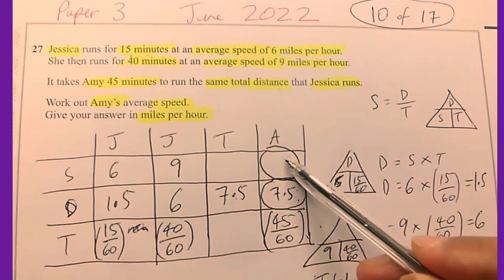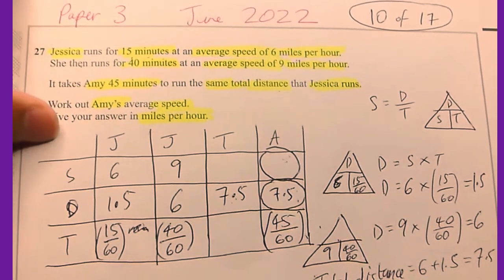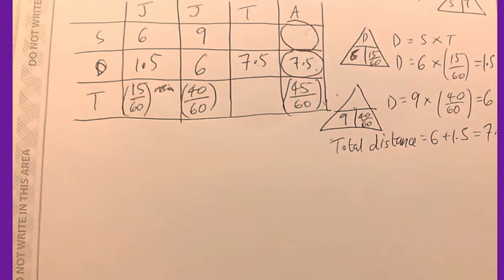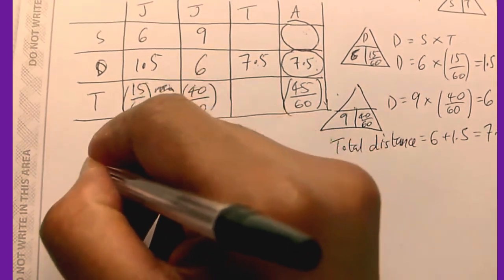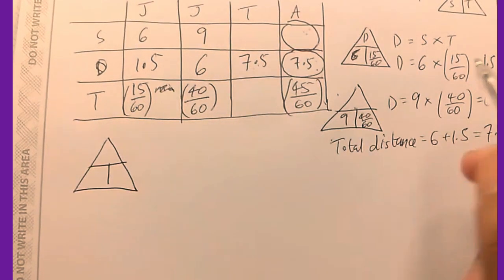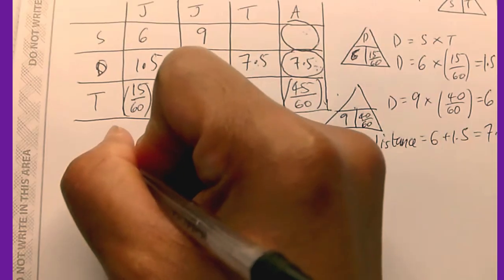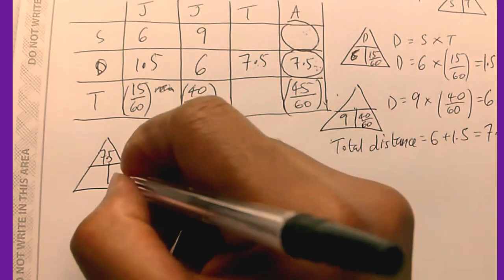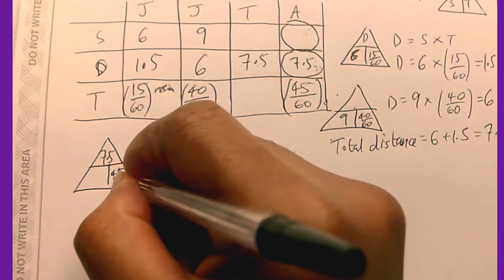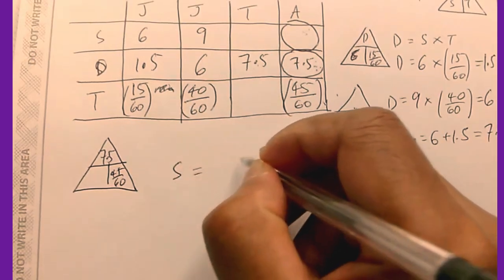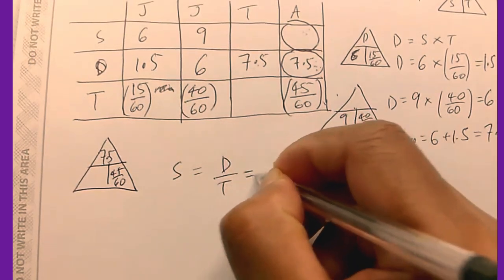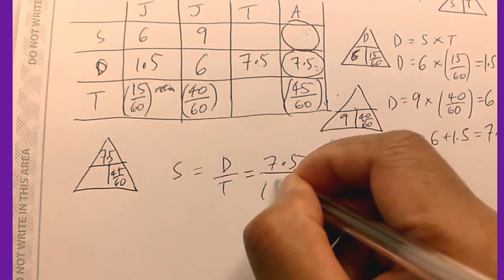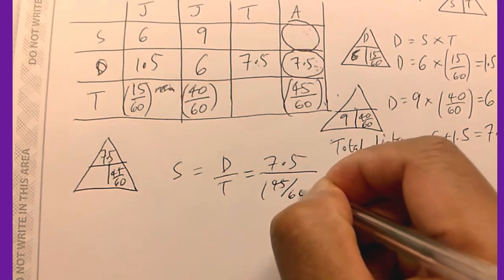So now I can work out the speed for Amy. So I can turn my formula triangle. My distance is 7.5 and my time is 45 minutes, 45 out of 60. So my speed equals distance divided by time, 7.5 divided by 45 minutes out of 60 minutes in an hour.